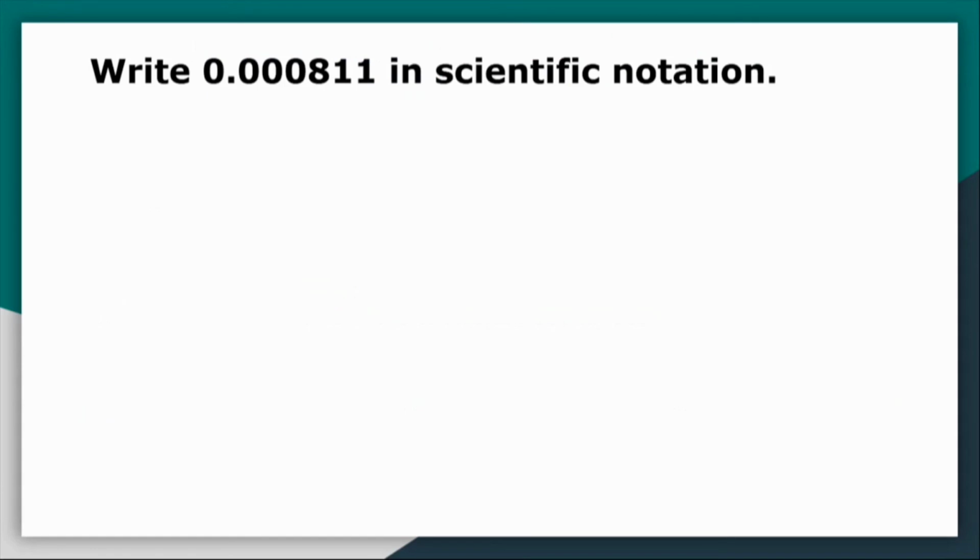Next, write 0.000811 in scientific notation. Again, you need to move your decimal point to get a number between 1 and 10. So this decimal point should move to this part. So we will move 1, 2, 3, 4.